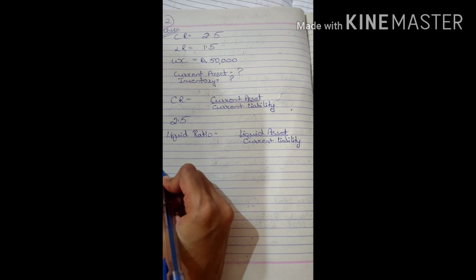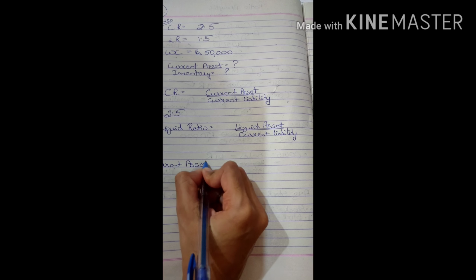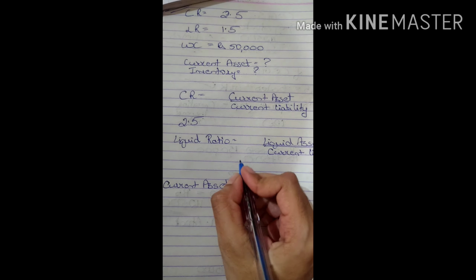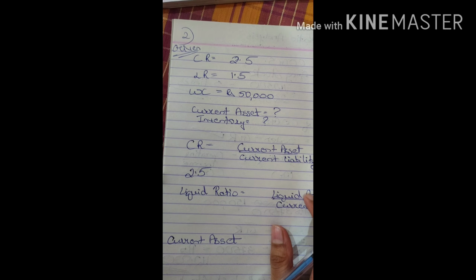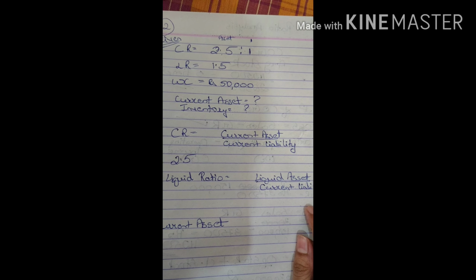First we will find out our current asset. They have given the current ratio as 2.5, so it's nothing but 2.5 is to 1. 2.5 is your asset ratio and 1 is your liability ratio.